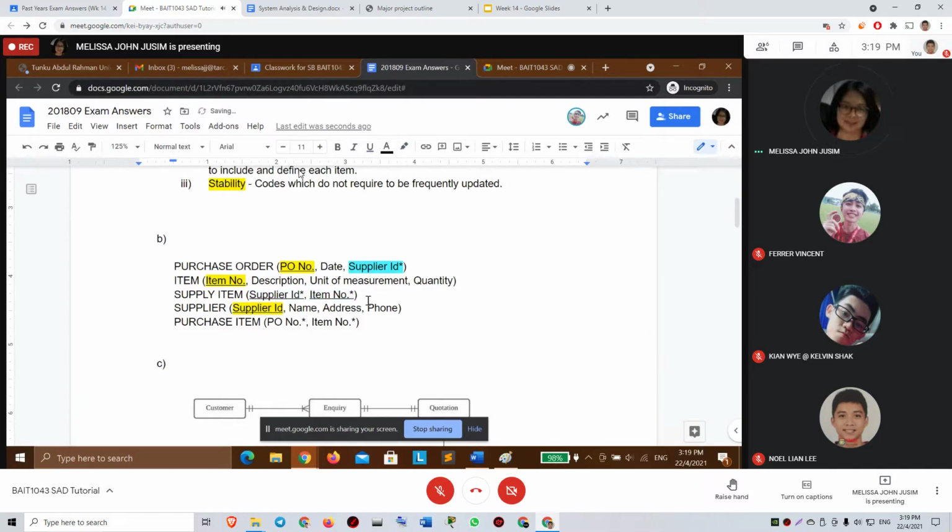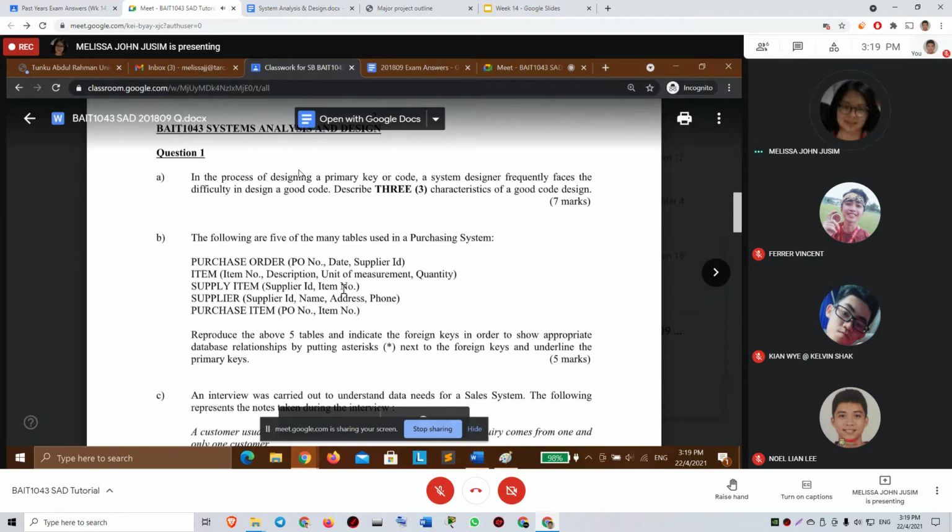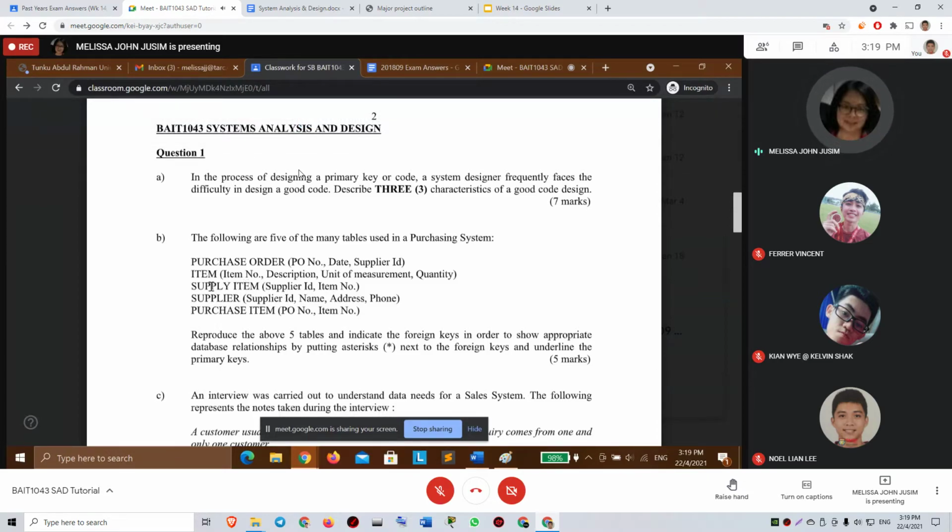Otherwise, you would need to have, say, an ID that I make my PK. But in the question, do we have any ID for this transaction? No. Both are FK, because item number is from this table and supplier ID is from here, meaning both are PKs in another table.